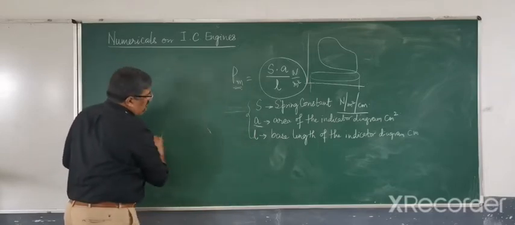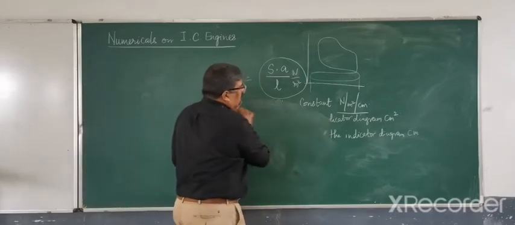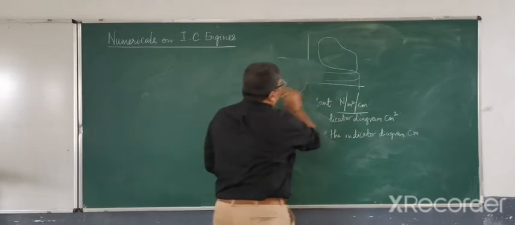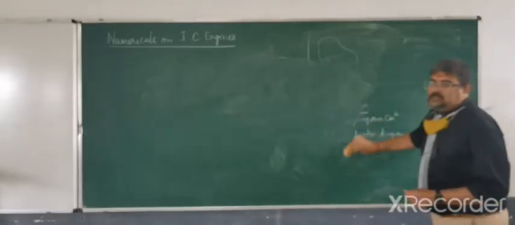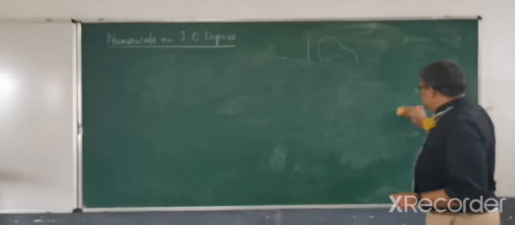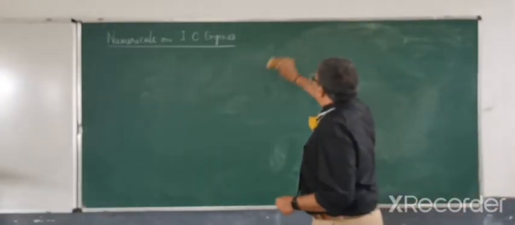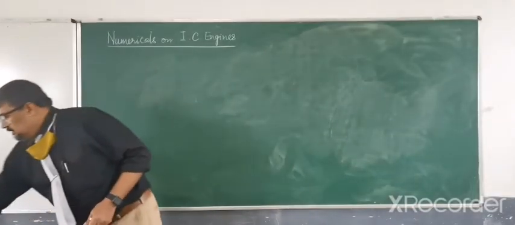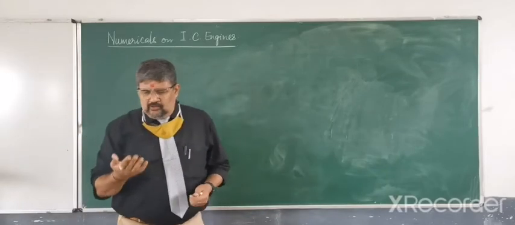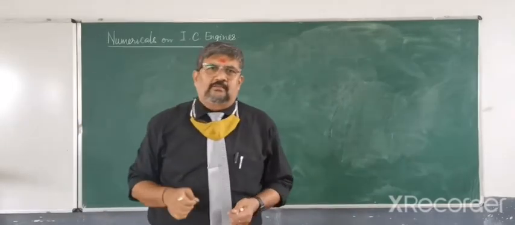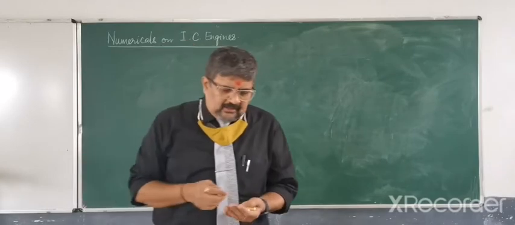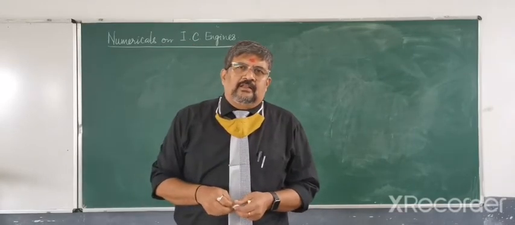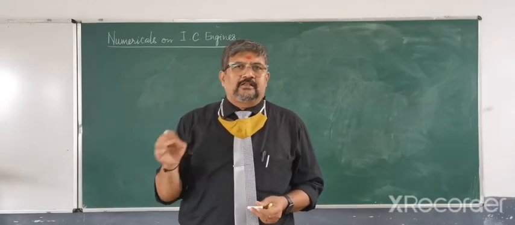Now then we know that an IC engine is going to work on some kind of a fuel. Okay, so it can be petrol or it can be diesel. When we use either petrol or diesel or something like that, there is something called specific fuel consumption.